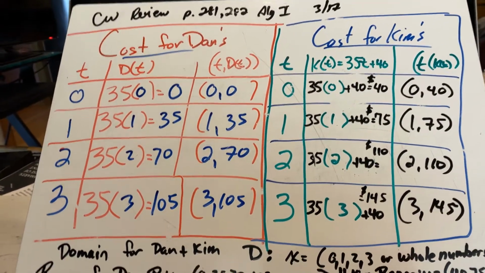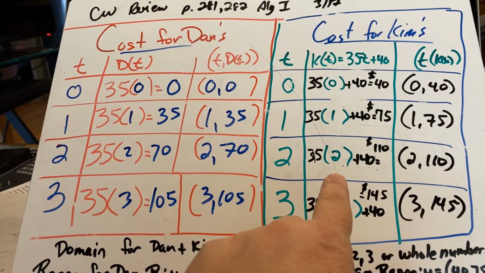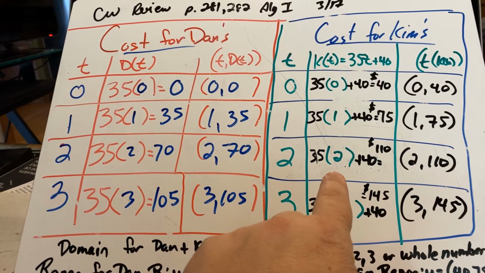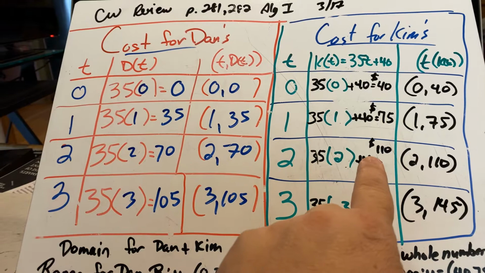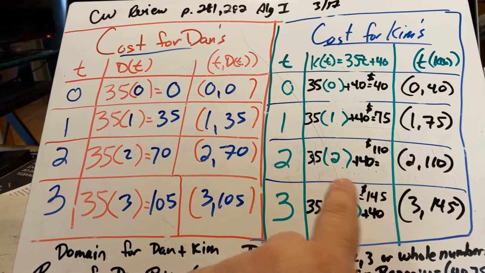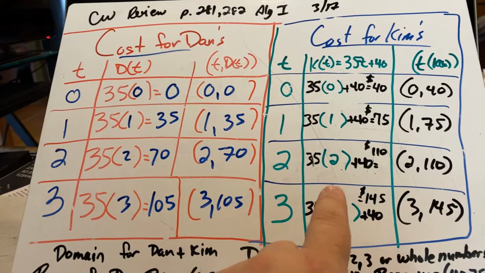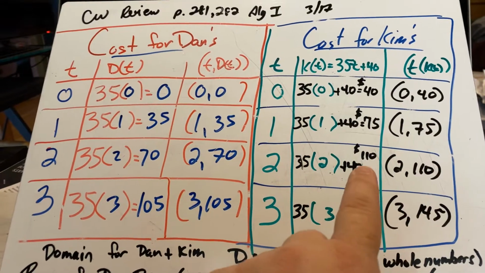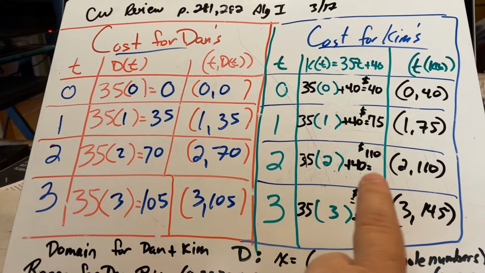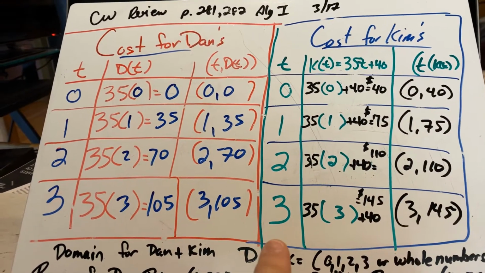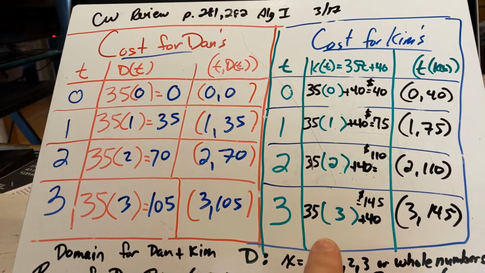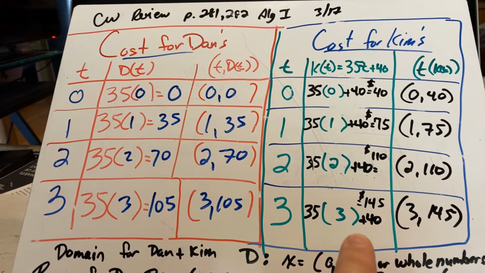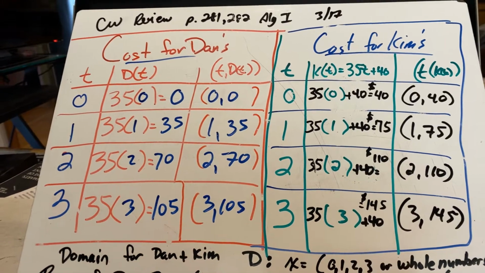And for 2 hours, I have 35 multiplicación 2 es $70 y 40 son 110. So 35 times 2 is $70 plus 40 gives me $110 for 2 hours of labor. Lastly, for 3 hours, 35 times 3 is $105 plus 40 gives me a total of $145.